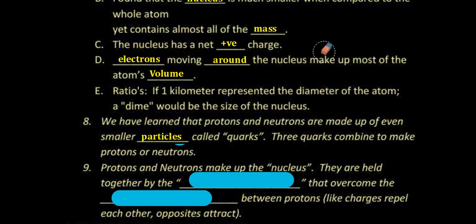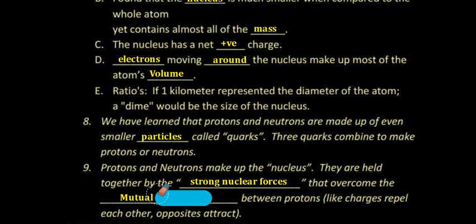And 3 quarks combine to make up protons or neutrons. Protons and neutrons make up the nucleus. They are held together by the strong nuclear force that overcomes the mutual repulsion between protons, because like charges repel each other and opposites attract. So think for a moment.